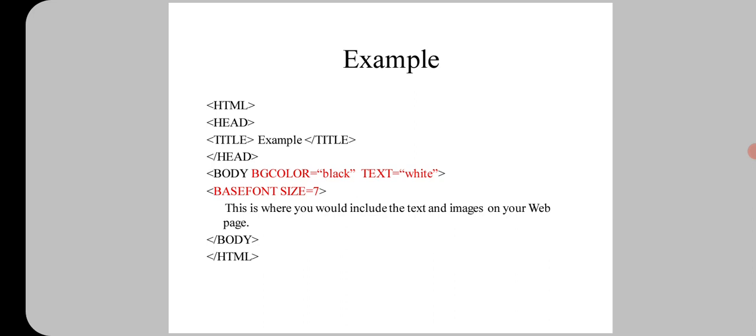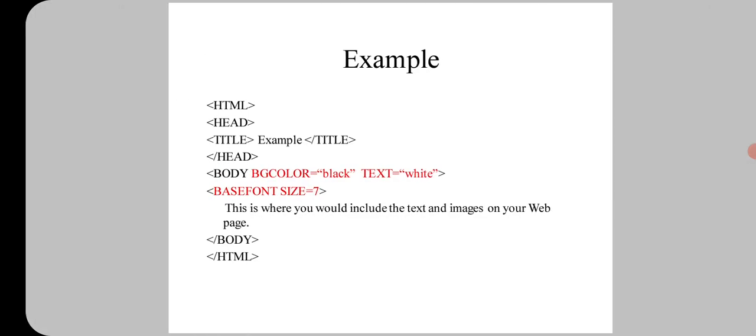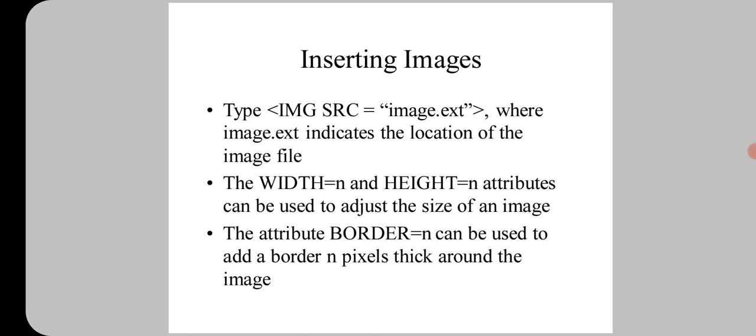Here we are using two attributes, bgcolor and text. What is bgcolor? Background color. Text means text color or foreground color. Basefont. Here we are going to change the background color and the text color of an HTML page.